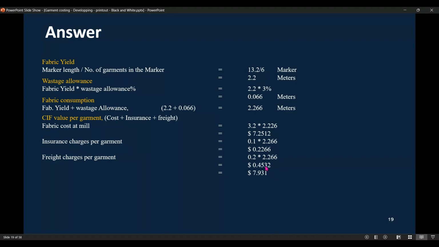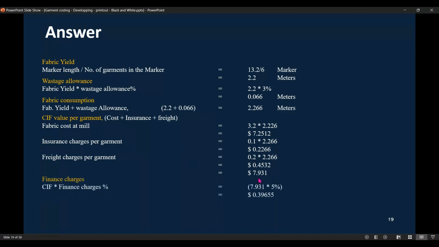And 0.2 into 2.266, answer $0.4532. That is freight charges. It is the cost at mill 7.2512. This is what the insurance company charges, 0.2266. This is what the freight company charges, 0.4532. Altogether, that means the CIF value for this garment fabric quantity is 7.931.